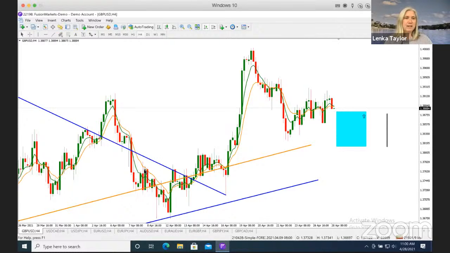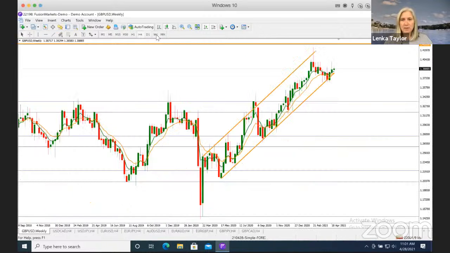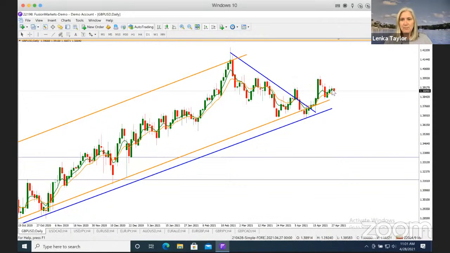All right, we're starting off with GBP USD. This one is in that channel. I'm still looking for a long at this point in time. On the daily as well, I'm still going up.